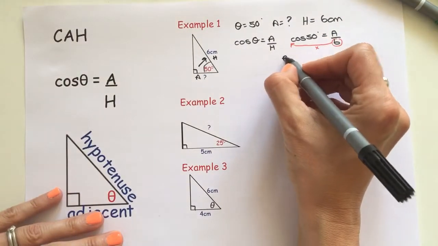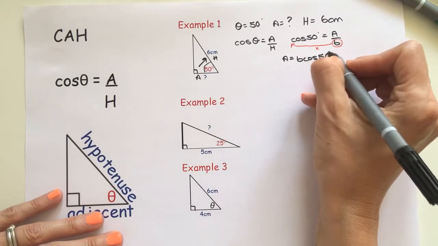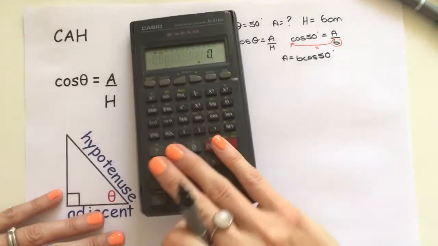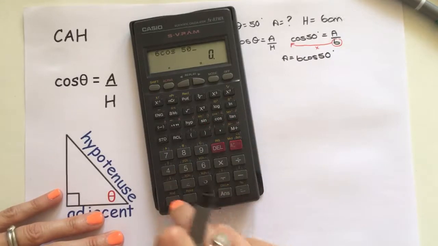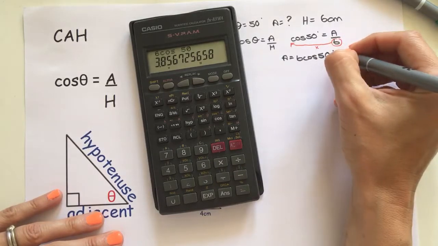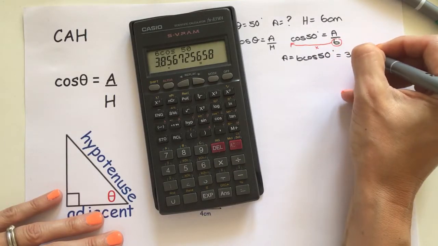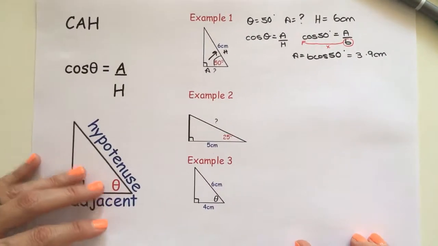So A equals 6 cos 50 degrees. Put that into our calculator, 6 cos 50. Press equals, and we get 3.9 centimeters. Okay, that's example 1 done.